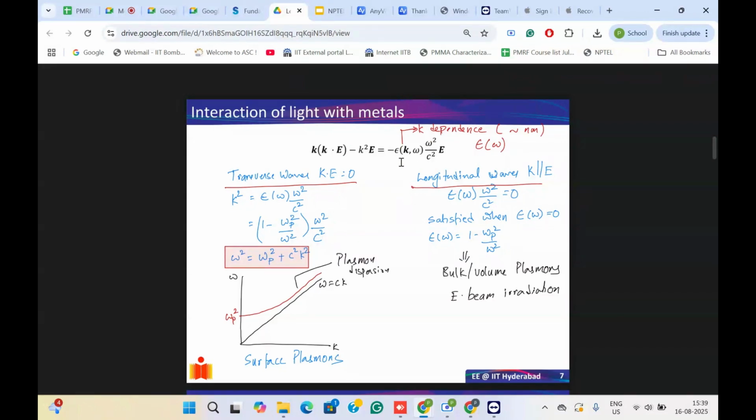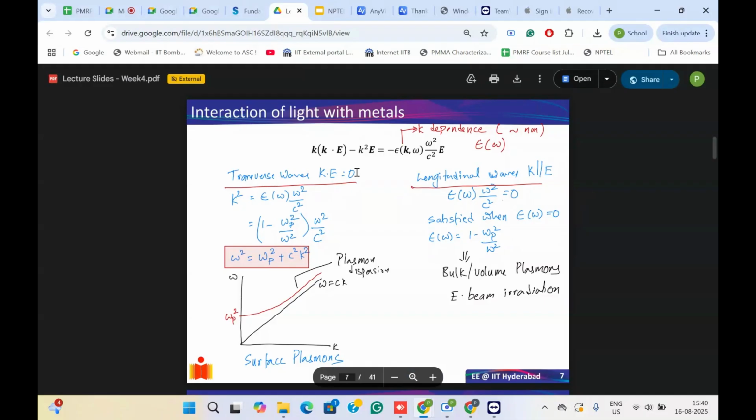Epsilon has a dependence on the size of the particle, but this happens only if the particle size or thin film size is less than 1 nanometer. With large size, epsilon will have a dependency on frequency, so we can write it directly as epsilon of omega.